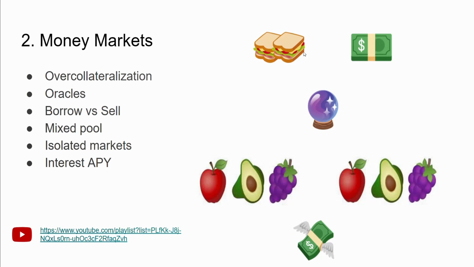Or maybe you need these US dollars to buy something, and you don't want to sell the sandwiches because the price of sandwiches has gone down and you're in a loss. Or maybe you're up and you don't want to sell the sandwiches at this point because then you'll have to pay capital gains.